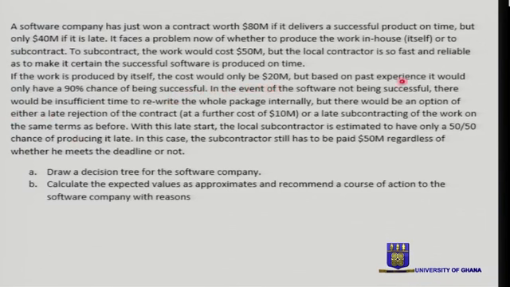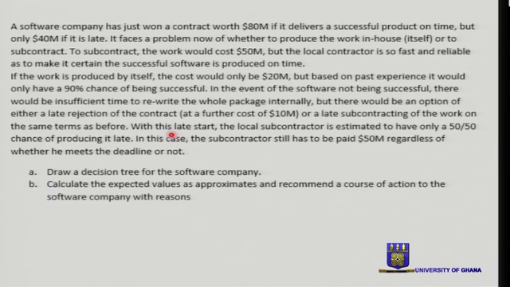But based on past experience, it would only have a 90% chance of being successful. In the event of the software not being successful, there would be insufficient time to rewrite the whole package internally. But there would be an option of either a late rejection of the contract at a further cost of $10 million, or a late subcontracting of the work on the same terms as before.